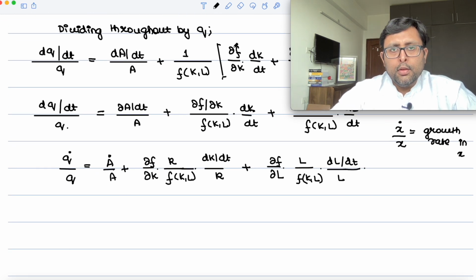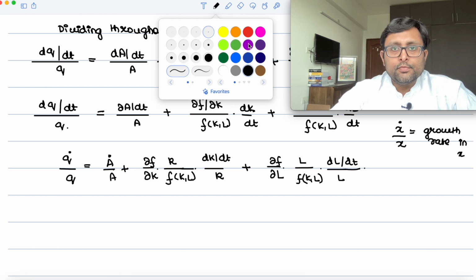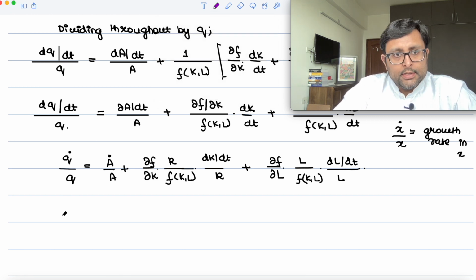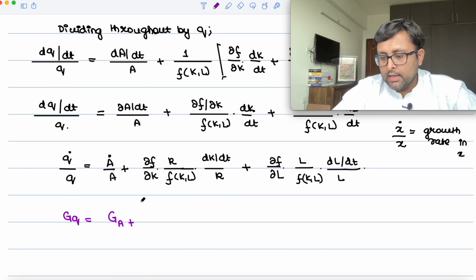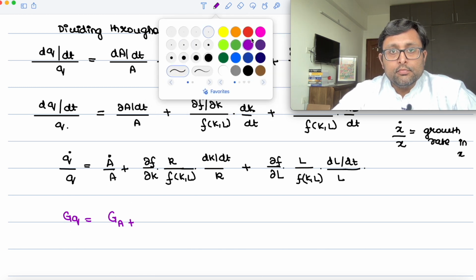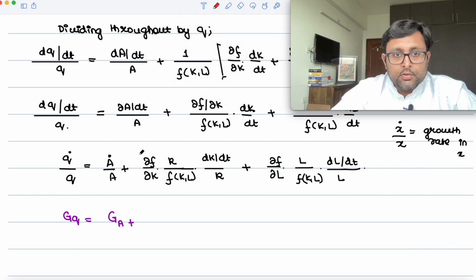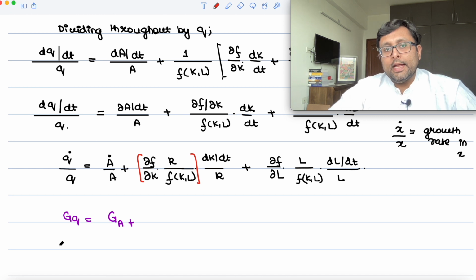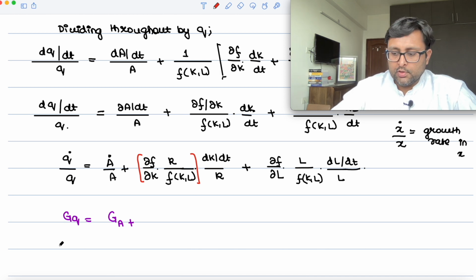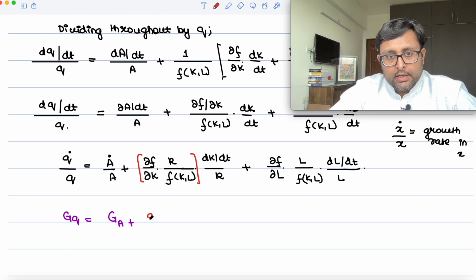Okay. Now this Q dot by Q, beta, that is nothing but the growth rate in Q. A dot by A is nothing but the growth rate in A. Plus this guy, del F by del K into K by F, that is nothing but the elasticity of output with respect to capital, right?